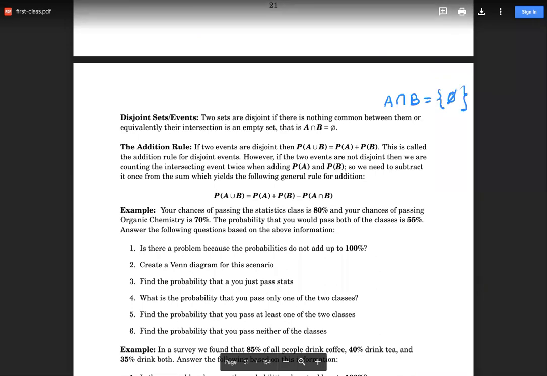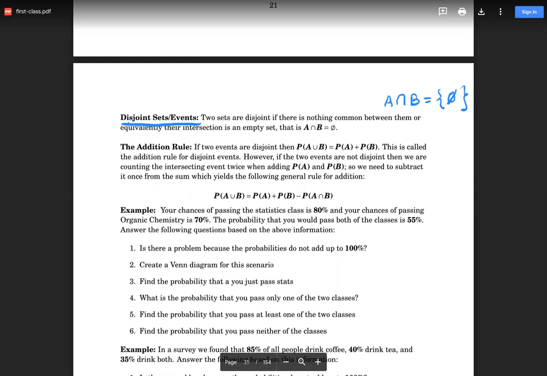Okay, that means nothing common. Another way of saying the same thing in layman's terms is this: two events are disjoint if they can't happen at the same time, right? They can't have something common.